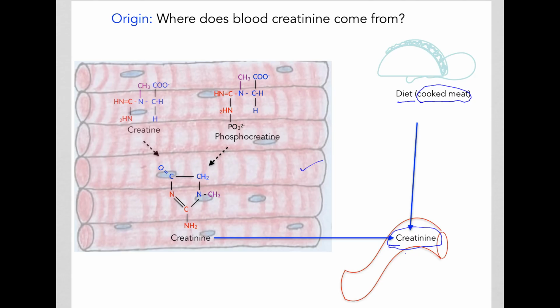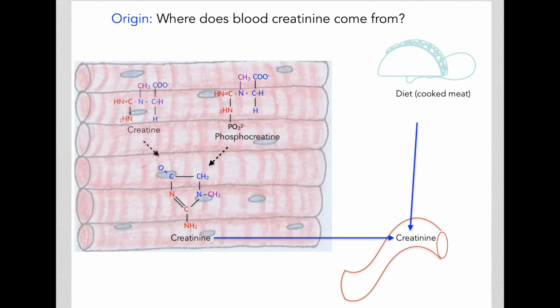Creatinine is made by the spontaneous conversion of either creatine or phosphocreatine in muscles. So creatine can give you creatinine, phosphocreatine can give you creatinine, and creatinine can also come from the diet.